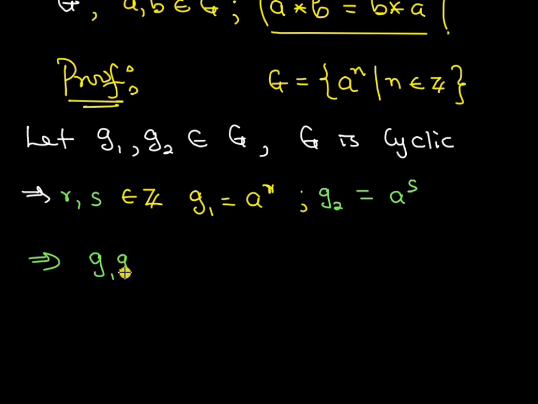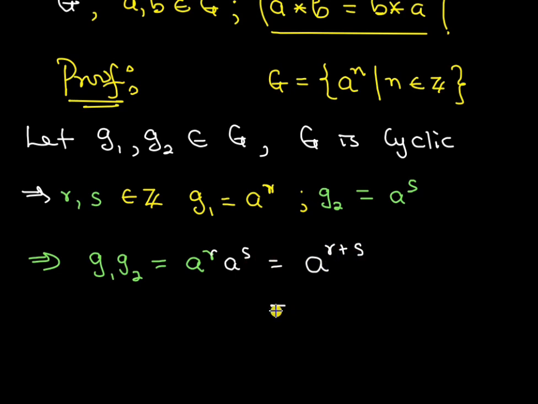Now G1 G2 is going to be equal to, remember our G1 is A raised to the power of R, while our G2 is A raised to the power of S. Now, by indices, A raised to the power of R multiplying A raised to the power of S is simply A raised to the power of S plus R, because multiplication changes to addition of powers.